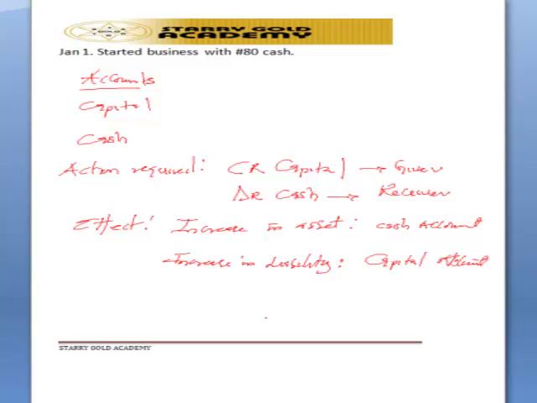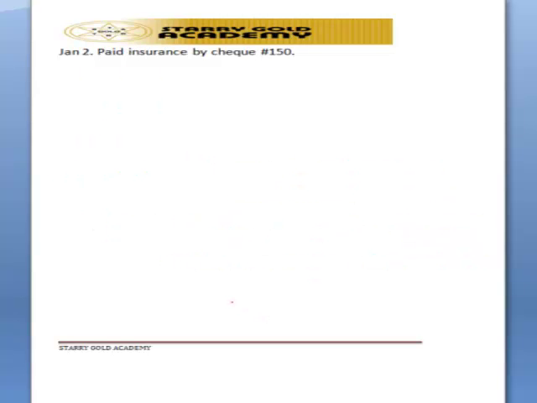So let's see the next. January 2nd, paid insurance by check. The two accounts involved here are insurance, and whenever payment is made by check, we represent it in accounting as bank. So there's nothing like check account.